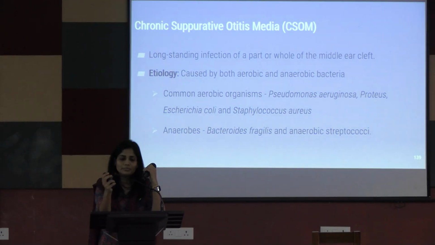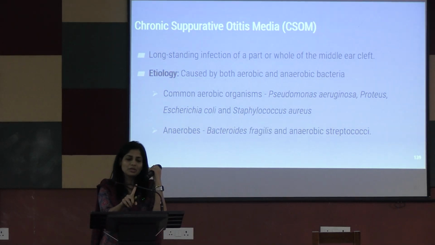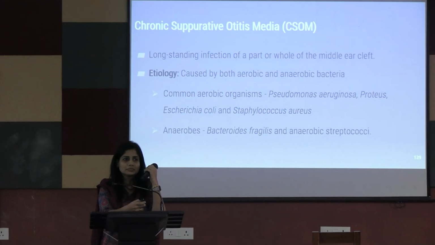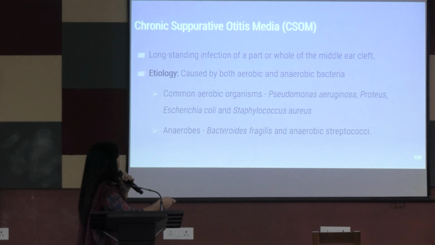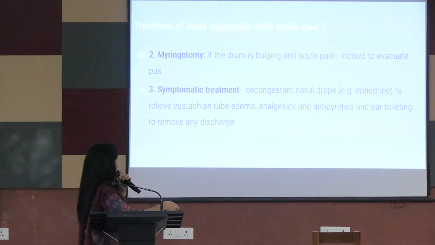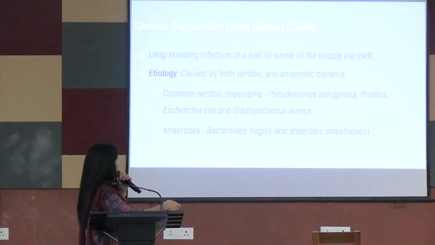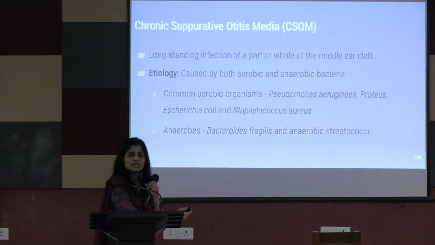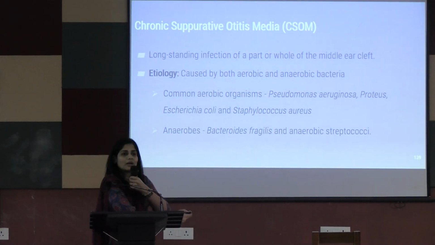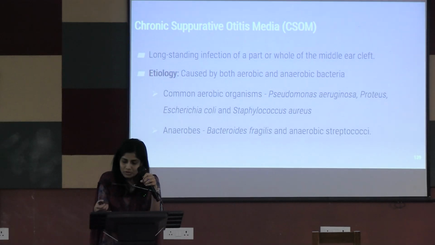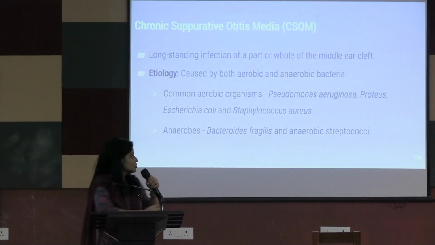What kind of people might have acute suppurative otitis media? People with the lower socioeconomic group. Why does it happen? Because of poor hygiene, right? Lodging of the wax, which might provide a humid environment for the organisms to grow.